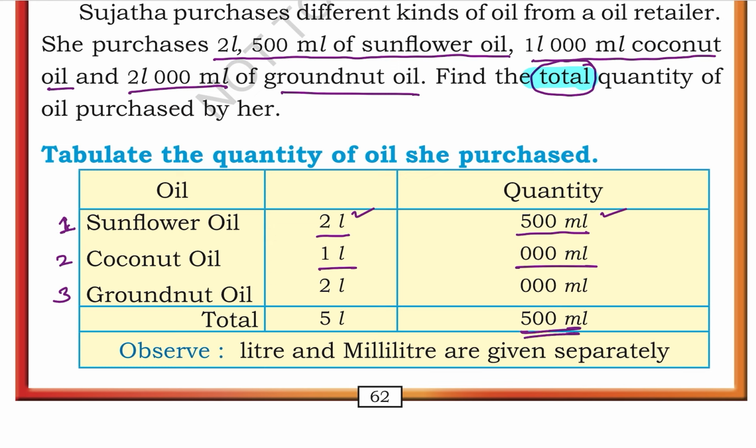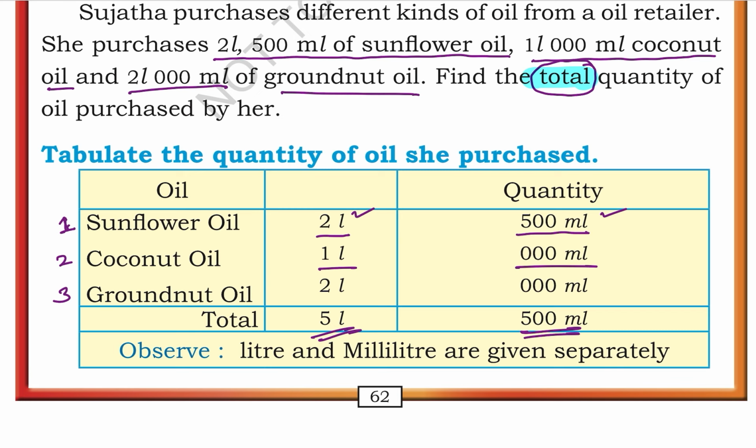Then we will add the volume in liters: 2 liter plus 1 liter plus 2 liter, which is 5 liters. So the total is 5 liter 500 ml of oil purchased by Sujata.